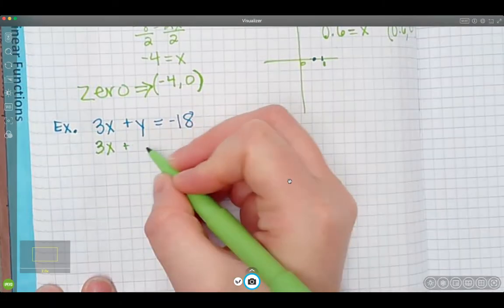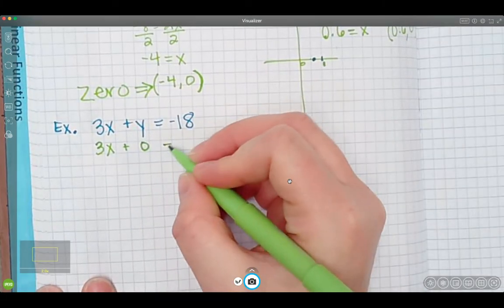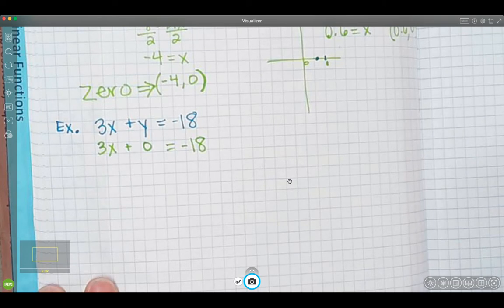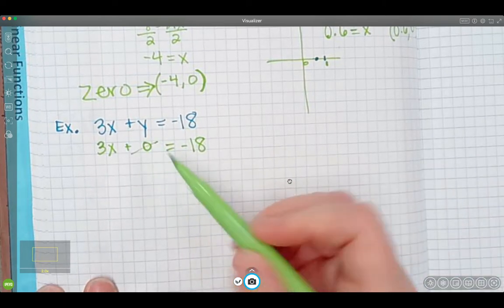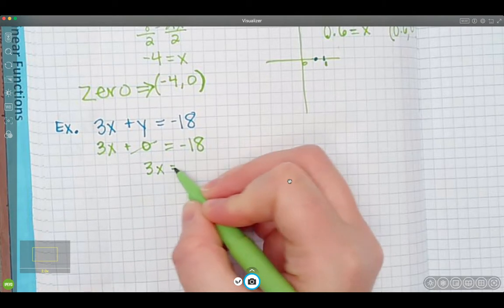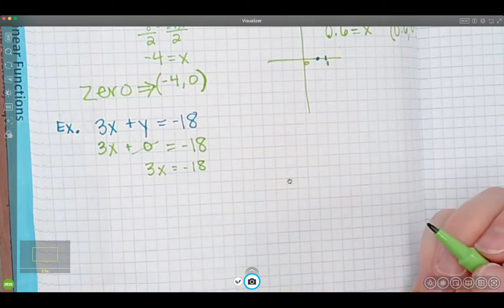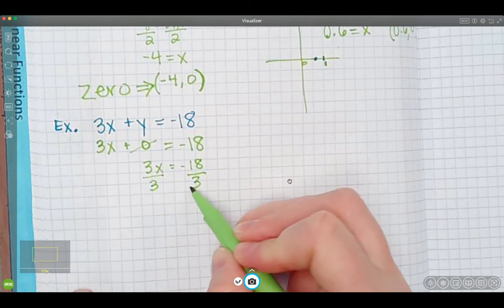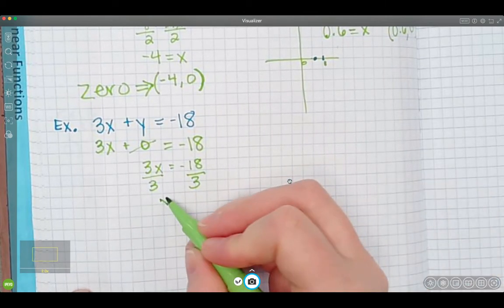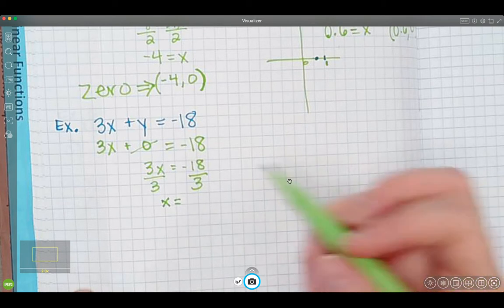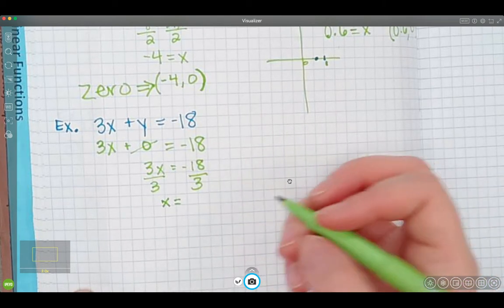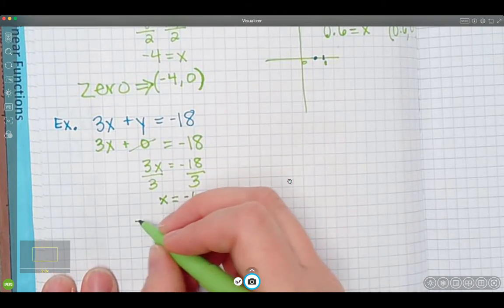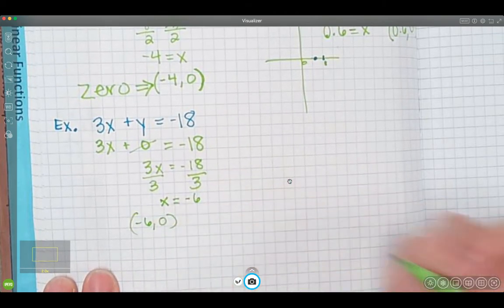Y. So plus 0 equals negative 18. So that goes away, and we just have 3x equals negative 18. So I divide by 3. Negative 18 divided by 3, negative 6. So my zero is negative 6, 0. Negative 6 is my zero.